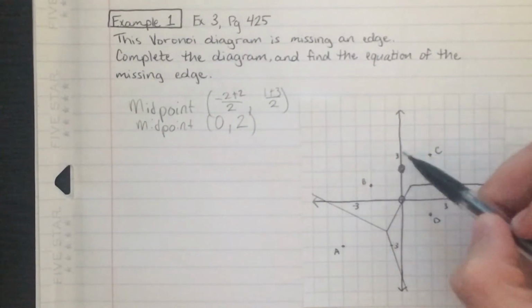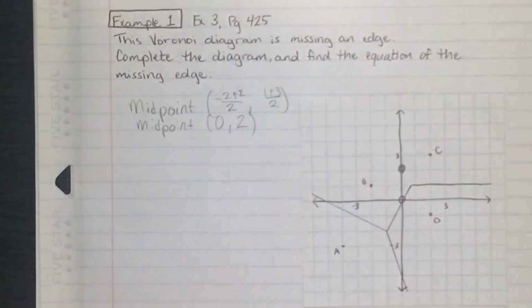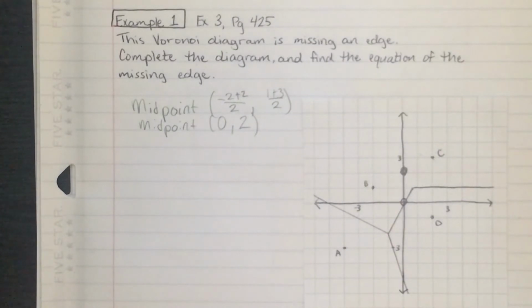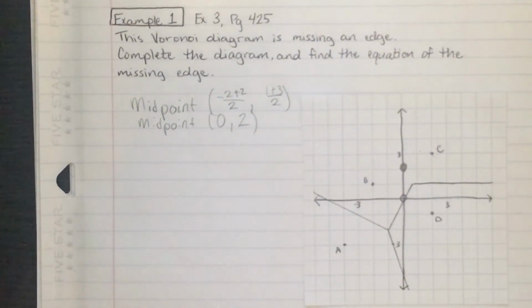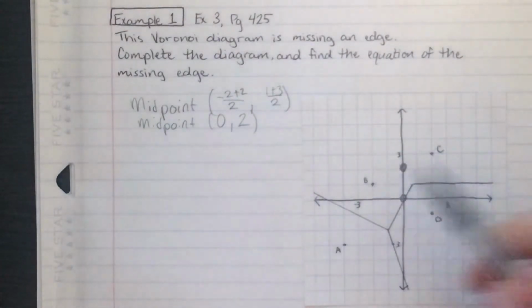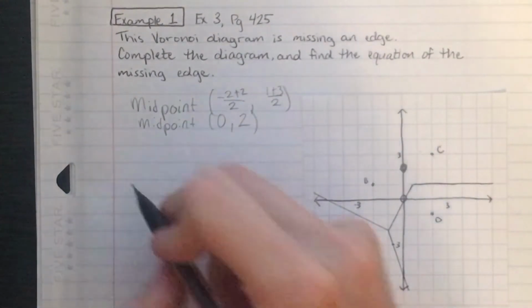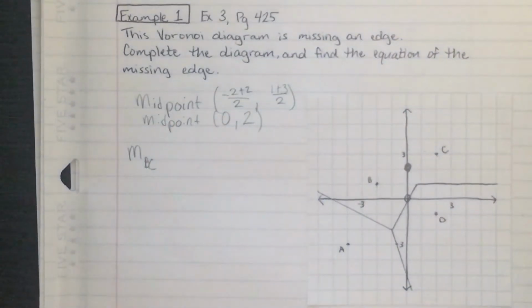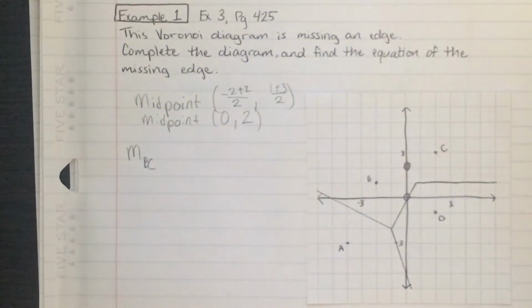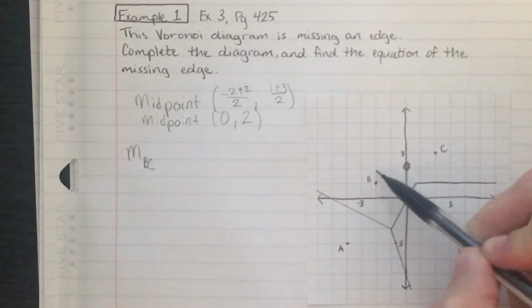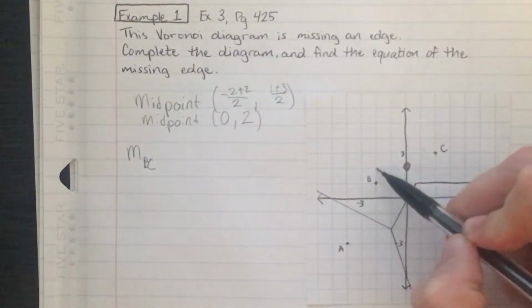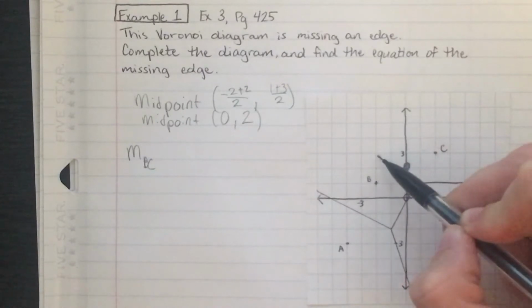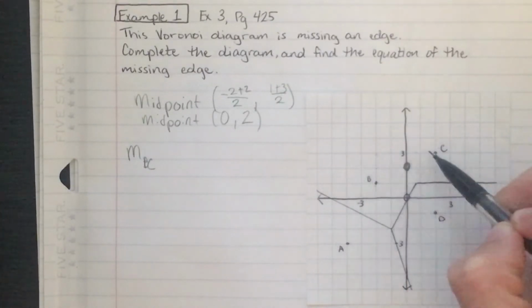Up 1 over 2, up 1 over 2. Now what we need to do is calculate the slope of our perpendicular line. To get the slope of BC, you can either do y2 minus y1 over x2 minus x1, or I prefer just to count, especially if it's on a graph. 1, 2, so it's up 2 over 1, 2, 3, 4.